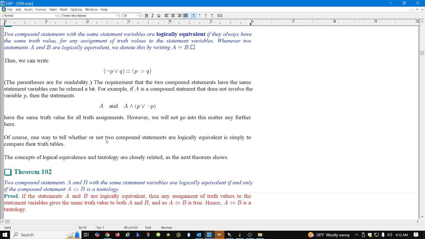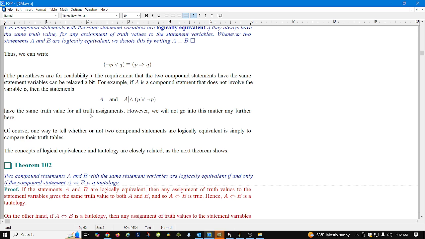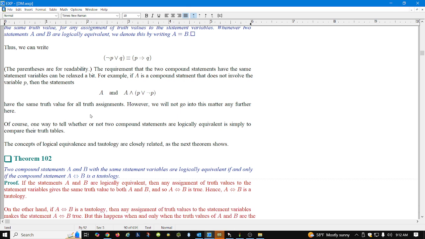One way, of course, to tell whether two compound statements are logically equivalent is to use essentially the definition and compare the truth tables. The concepts of logical equivalence and tautology, however, are closely related, and that provides another way to check for logical equivalence.